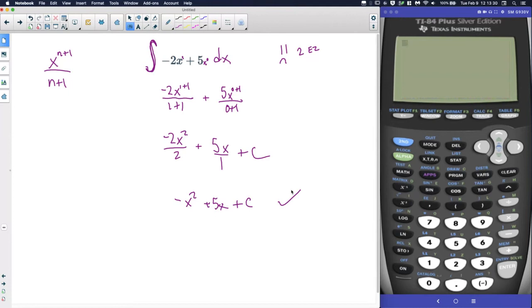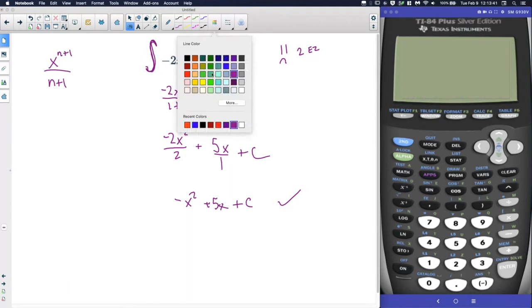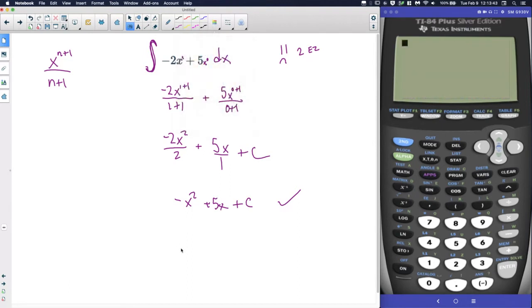I want to go backwards. If I take the derivative of this, I'm going to get negative 2x plus 5. So again, if I do the power rule, the derivative of negative x squared plus 5x plus c, that 2 goes in front, negative 2x.